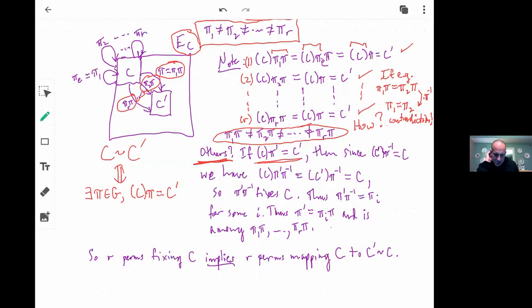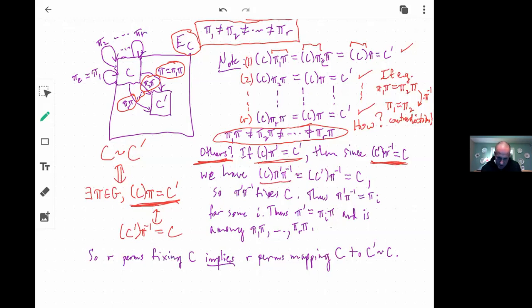Well, what's true about pi inverse? Remember, pi moves C to C prime. Think about this for a second. That means that pi inverse applied to C prime just sends us back to C. So since pi inverse of C prime is C, what are we going to have if we apply pi prime, pi inverse to C?